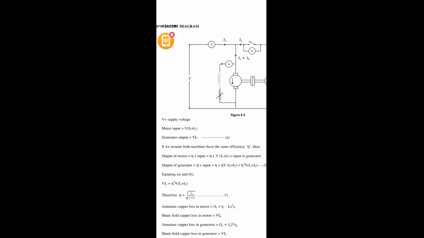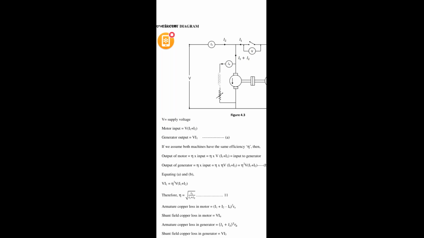Now, the same input we are getting from that generator, right? So efficiency is equal to, what is the motor input formula here? V into (I1 plus I2). Now, the output of motor is nothing but the input to the generator. Why? Because the output of motor is mechanical energy, and the same energy we are applying as input to the generator.